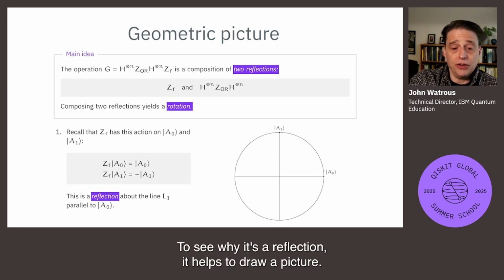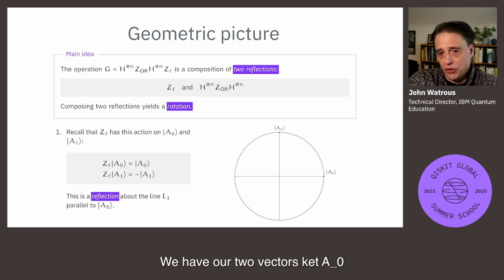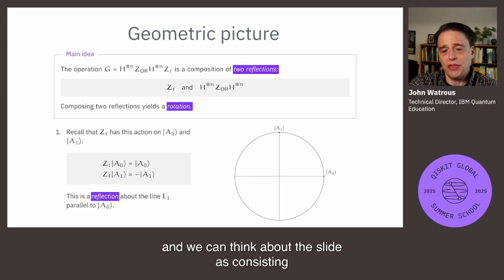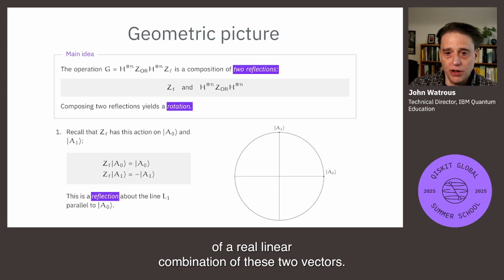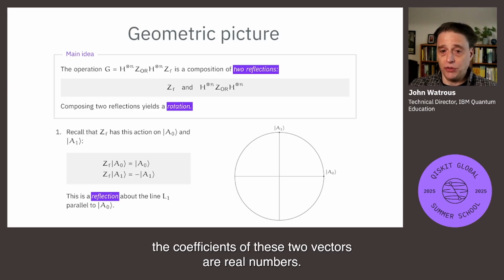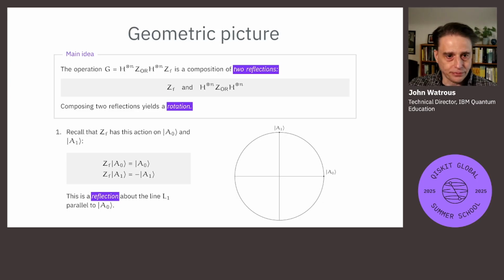To see why it's a reflection, it helps to draw a picture. We have our 2 vectors, ket A0 and ket A1, which are orthogonal unit vectors, and we can think about the slide as consisting of real linear combinations of these 2 vectors. So the circle represents all of the unit vectors for which the coefficients of these 2 vectors are real numbers.